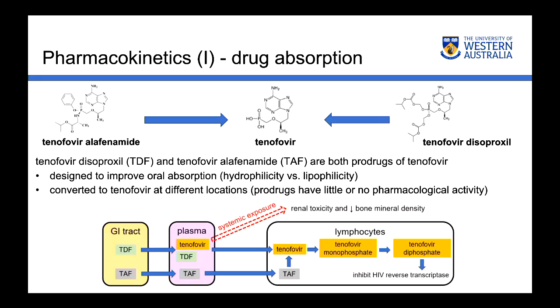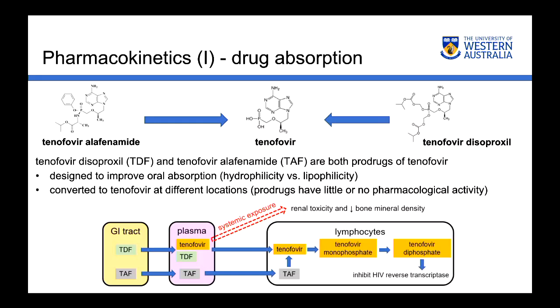right? So the drug targets HIV, and HIV infects CD4 positive T cells. So it makes sense for the drug to be converted inside the cells in those targets rather than in the plasma, because then the whole body will be exposed to the drug, and that is linked to toxicity.